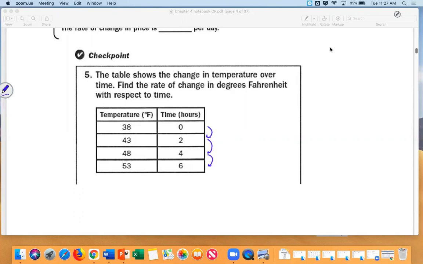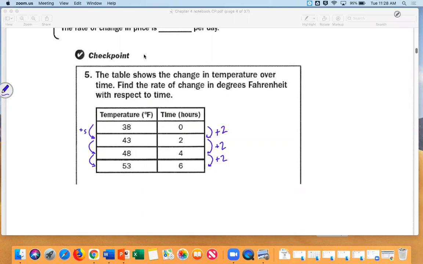So, Joey, what are we going up by? 2. Does everybody see that? Now, do you see how we're going up by 2? Louis, what am I counting up by here for temperature? 5.